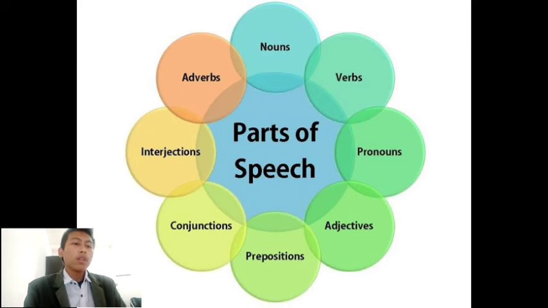Preposition of movement is inside, into, off, towards, or of. Preposition of manner is by, in, like, on, without. The preposition of purpose is for. Preposition of quantity or measure is for and by.